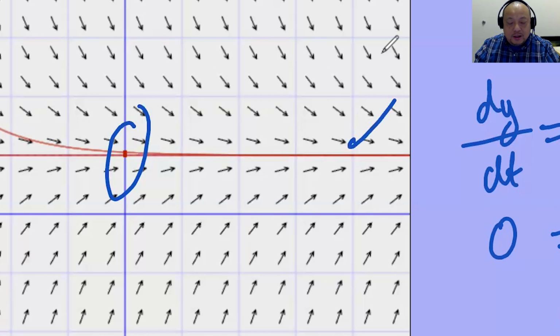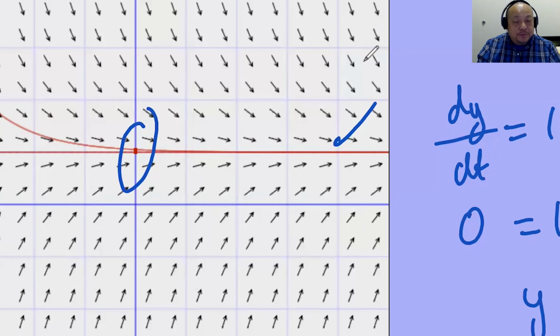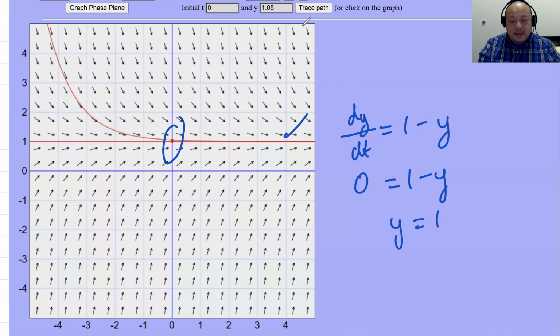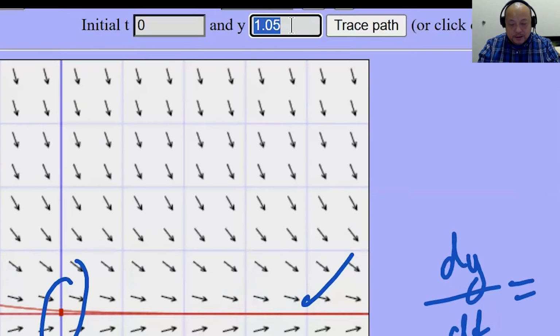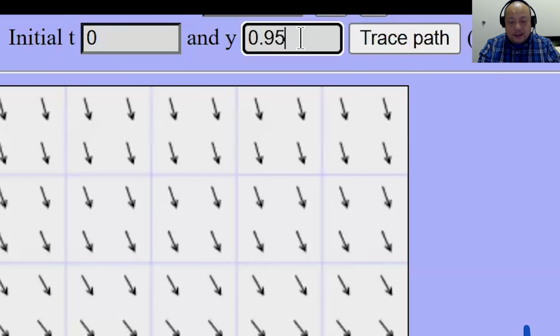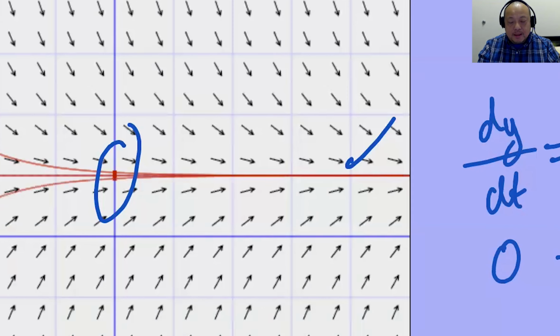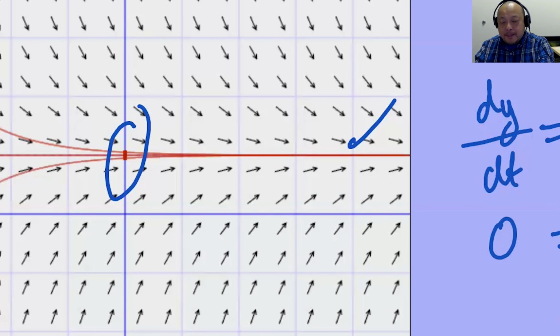So if anyone wants a prediction at this point, I'll get a pretty good answer. And likewise, if the measurement is a little bit too low, 0.95 for y, I have the same thing. I have the measurement a little bit off at t equals 0, but if I predict things in the future, I'm okay again.